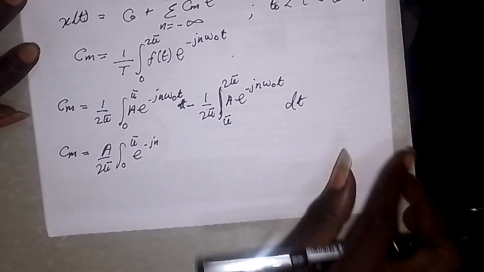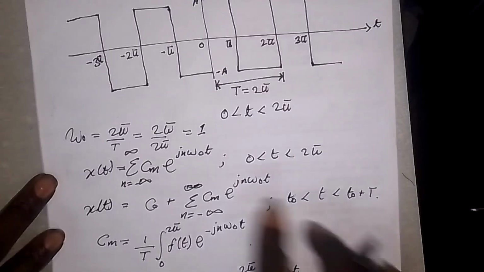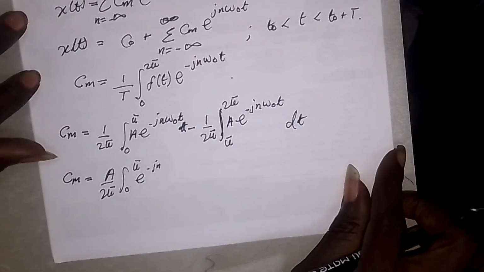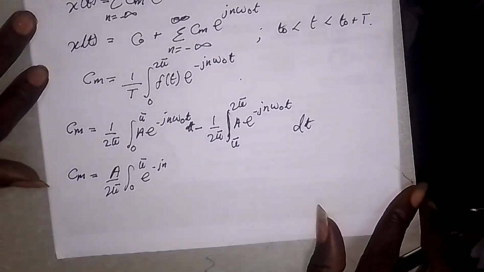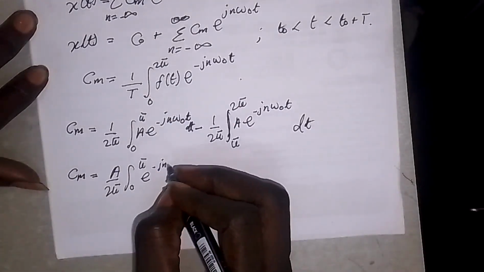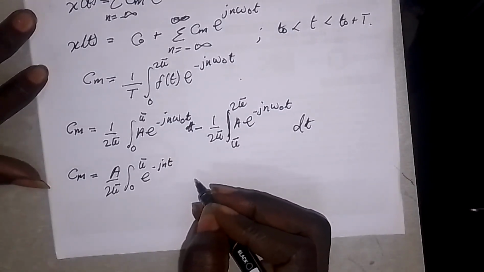We found omega naught to be 1, so we're just going to substitute it inside. Then it's going to be e^(minus j n t).